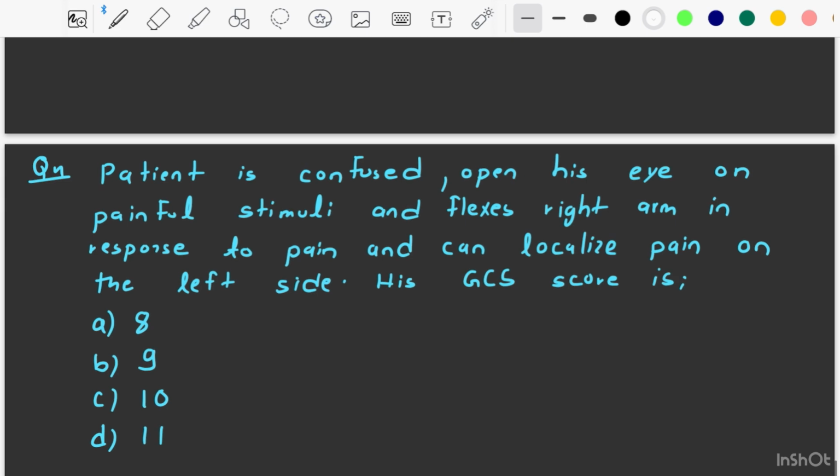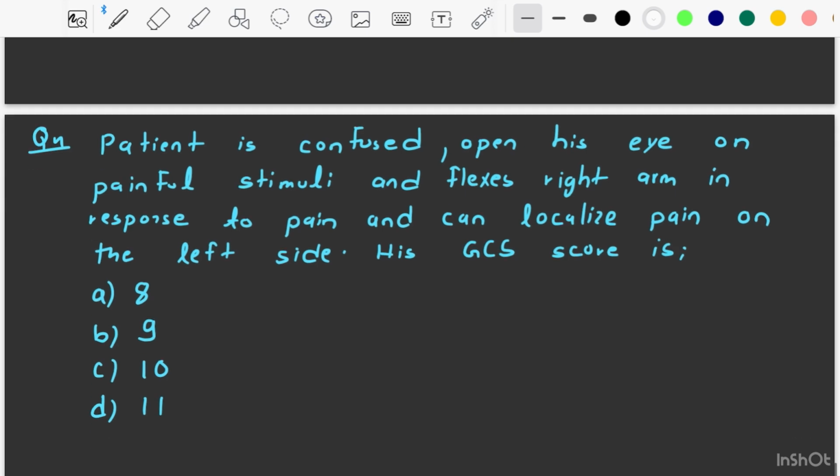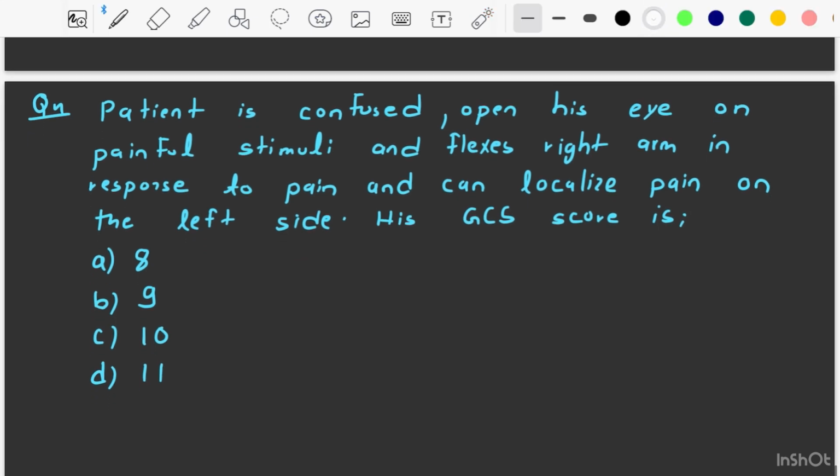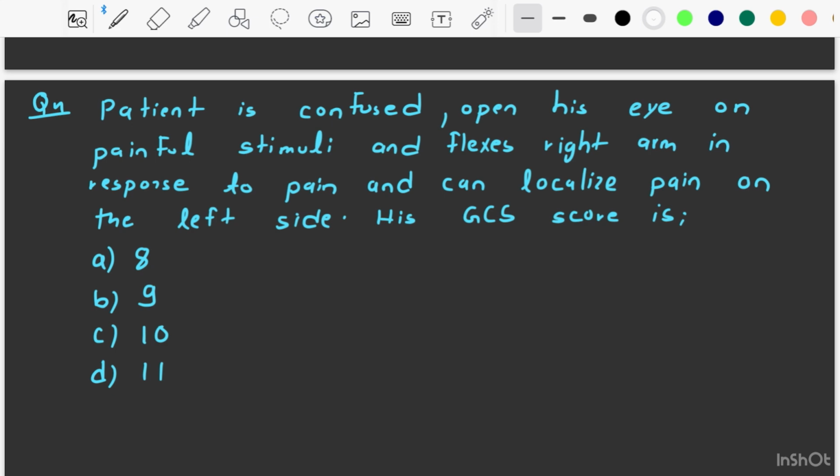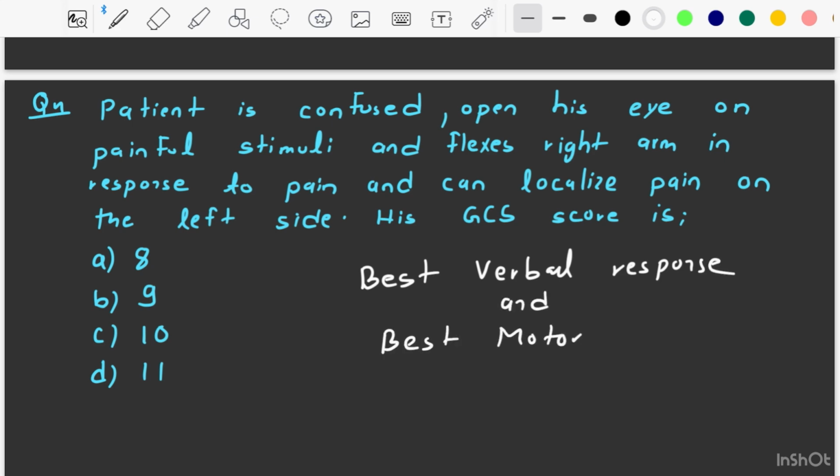Next question. Patient is confused, opens his eyes on painful stimulus and flexes right arm in response to pain and can localize pain on the left side. So I left you guys with one concept, that is the best verbal response and best motor response.